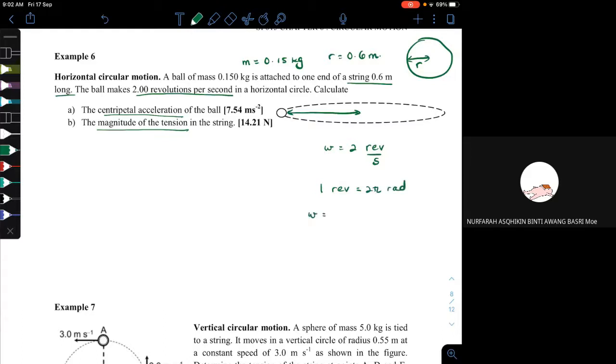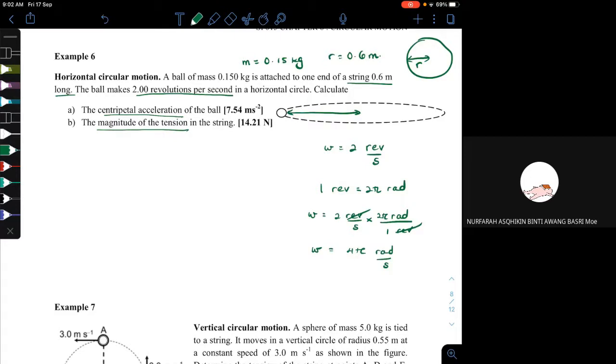So omega is 2 revolutions per second, and I want radians, so put that on top, 1 revolution is 2 pi rad, and the second doesn't need converting. Cancel out, and you get 4 pi radian per second. So this is your omega.